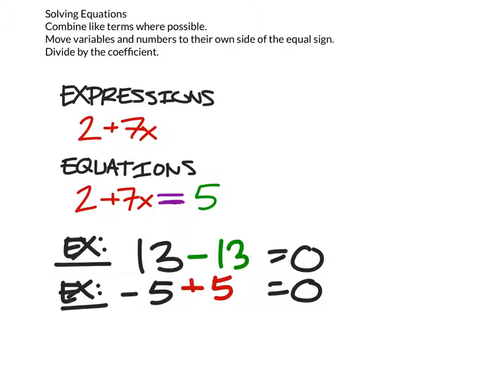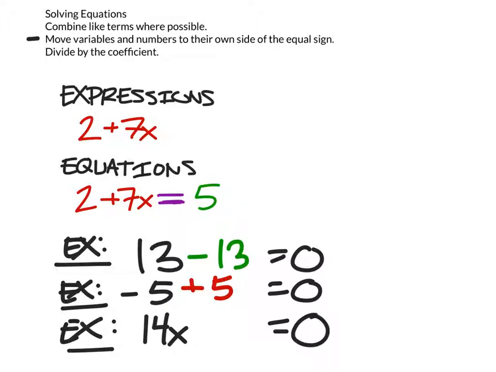So as long as we can understand this, then we're on the right track to solving equations. But in some cases, and this has to do with the second step right here, moving variables and numbers to their own side of the equal sign, this is the additive inverse stuff. So let's say that somehow we had 14x. Well, what would I have to do to 14x to get 0?